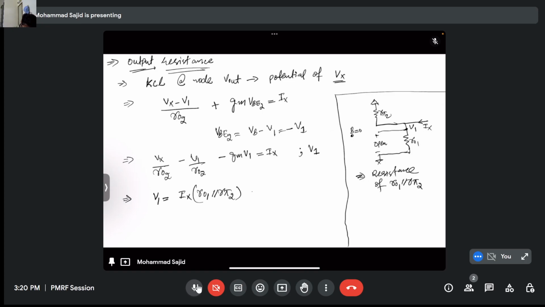So now substitute it here. First let's simplify the expression. Vx by RO2 is equivalent to V1 times (1 by RO2 plus Gm) plus Ix.